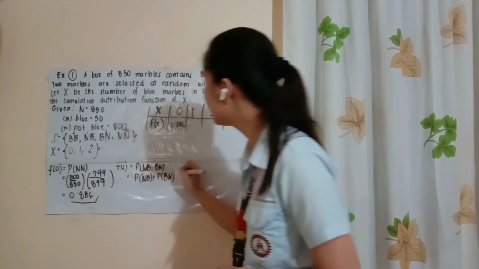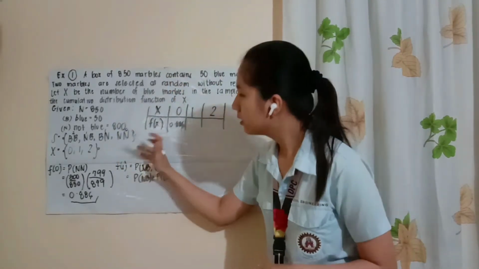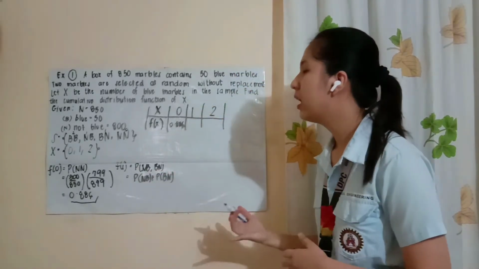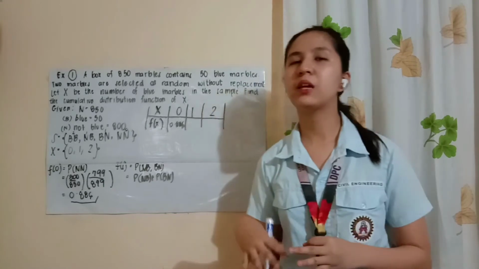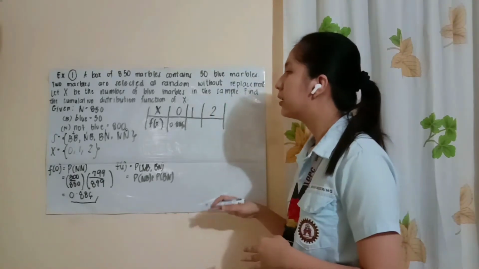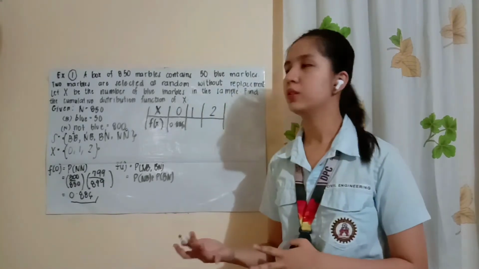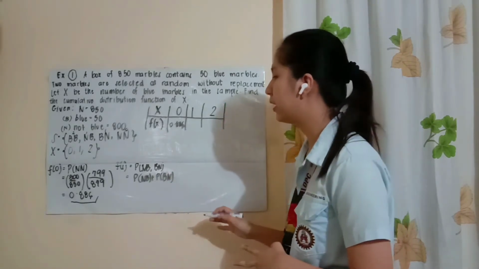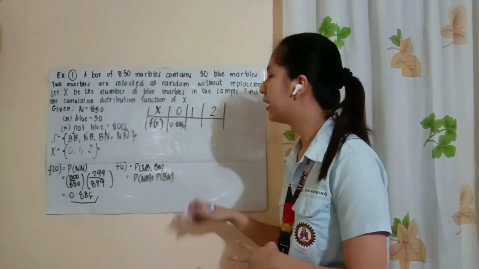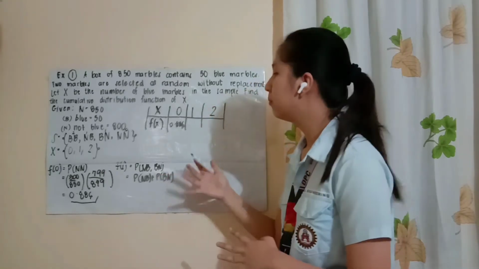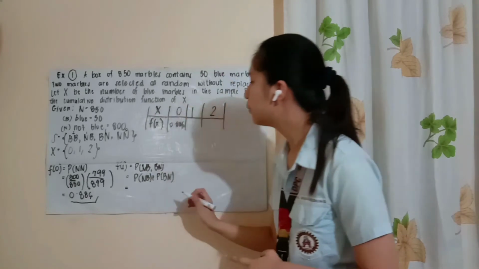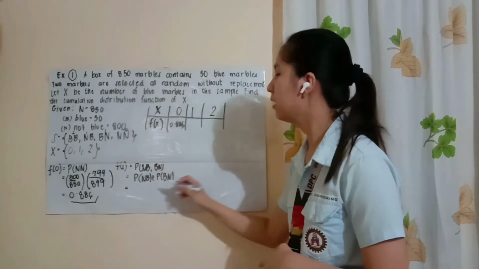So, addition siya kasi dito sa random variable natin, sa value ng random variable of 1 natin, dalawa yung ways kung saan pwede tayo makakuha ng isang blue. So, pwedeng not blue and then blue, or blue and then not blue. So, kaya pag-a-add natin siya. So, for the first one, kukunin lang natin yung probability ng NB.